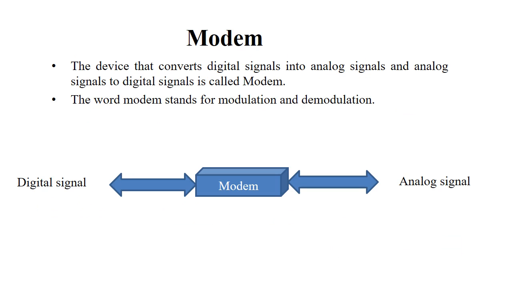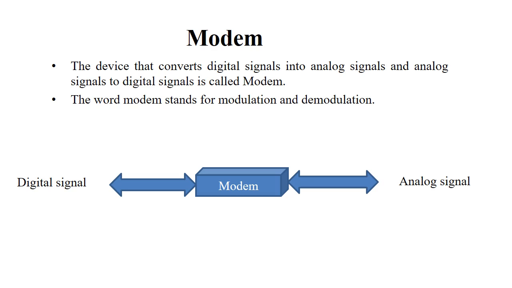Next is modem. The device that converts a digital signal into an analog signal and an analog signal into a digital signal is called a modem. The word modem stands for modulation and demodulation. Here the digital signal is converted into an analog signal, and vice versa.